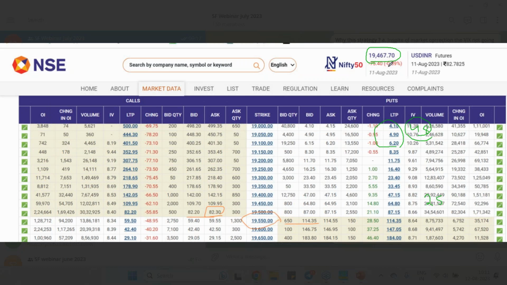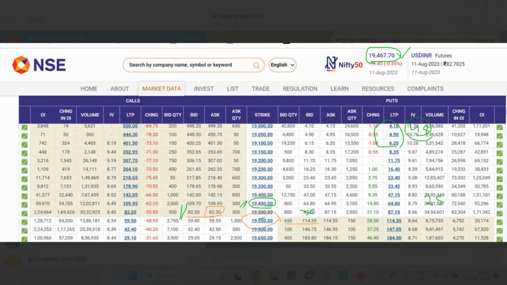As per our understanding, if spot is taken as a reference, 19,450 should be in the money in call, and 19,500 should be in the money in the put. But what it says is 19,500 call is in the money, and the 500 put is out of the money.